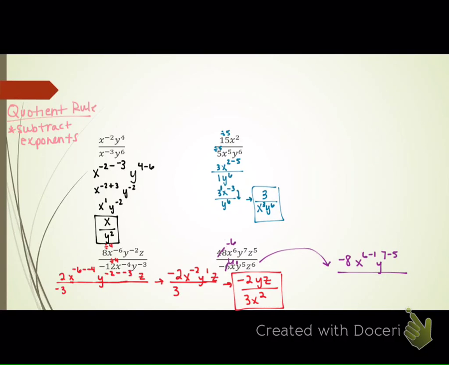Good. Good, so we don't have anything in the bottom anymore, do we? So we can erase that then. So I have negative 8, x to the fifth, y to the second, z to the negative first, as you said. So how do you simplify that? Yep, just z or z to the first is fine. Questions there?